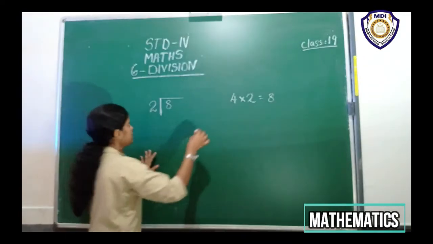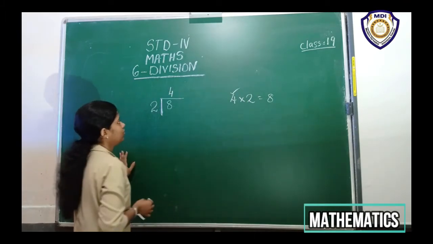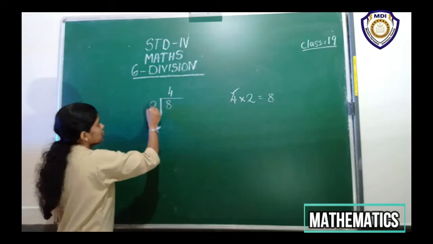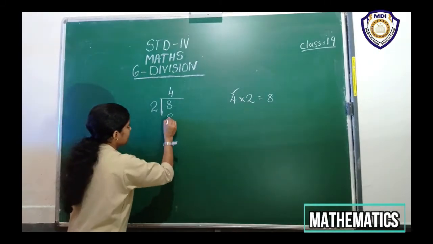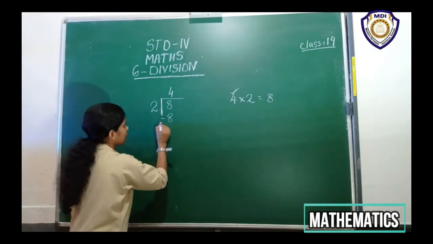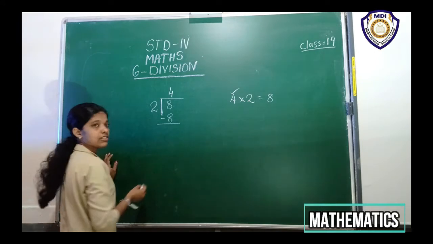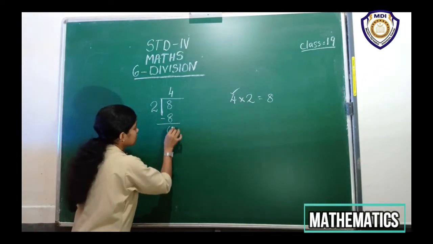Okay. We take 4. Right, 4 is here. Then 4 into 2, 4 2s are 8. Then subtraction. 8 minus 8, we get the answer 0.